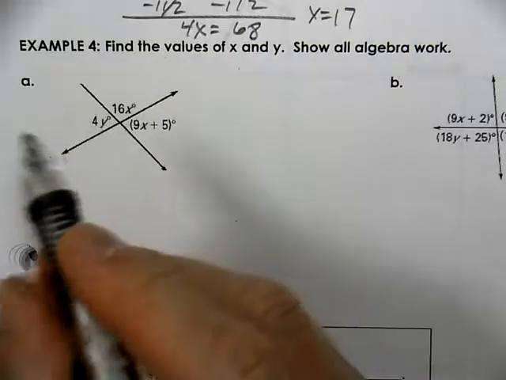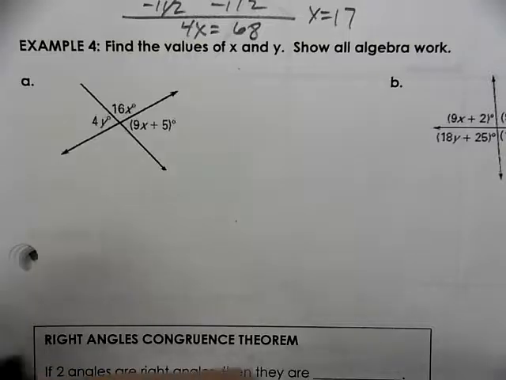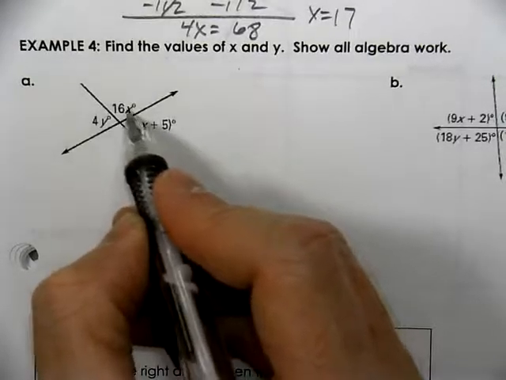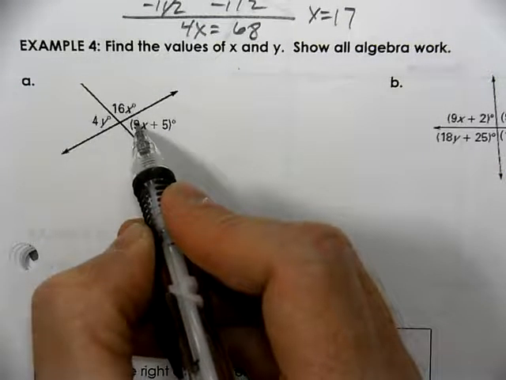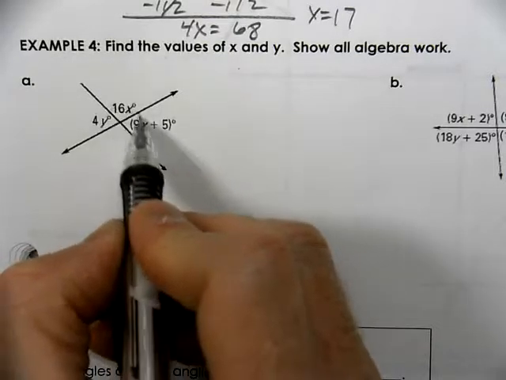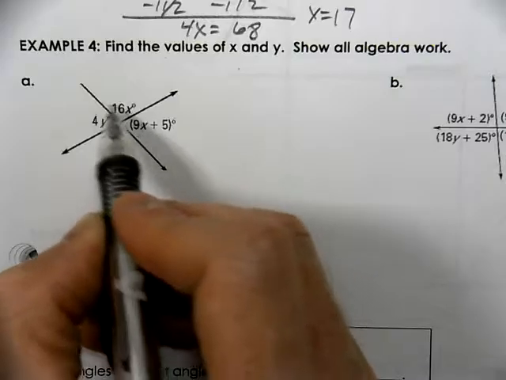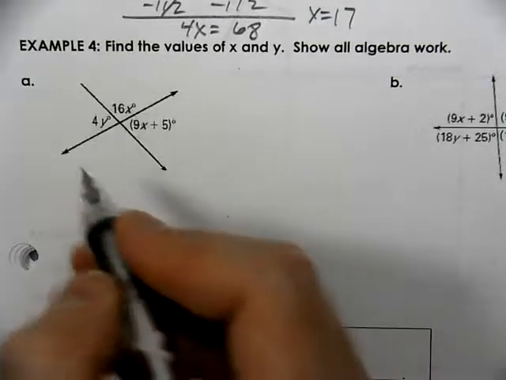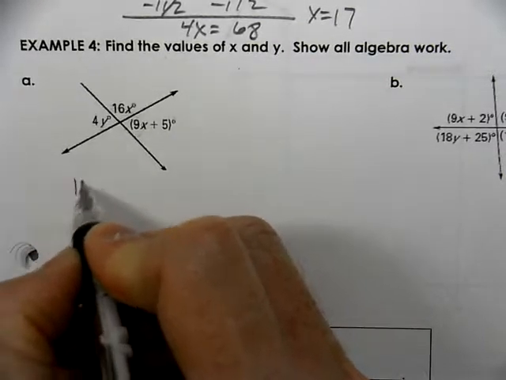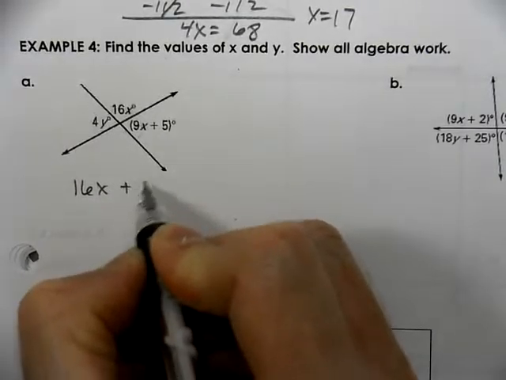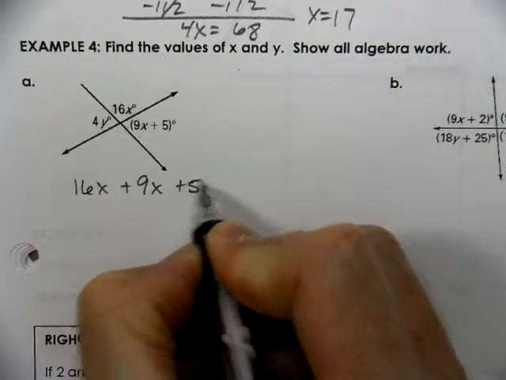We don't want to work with two different variables. We want to work with variables that are the same. So what we know about the 16x and the 9x plus 5 is that they're side by side. They make up this straight line. They are a linear pair. So they add up to 180 degrees.